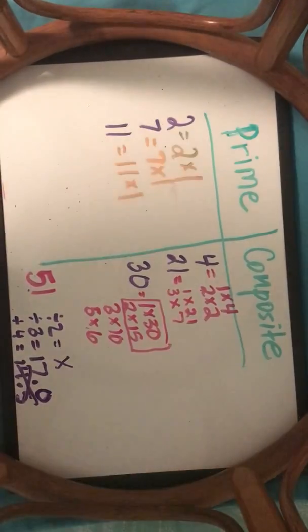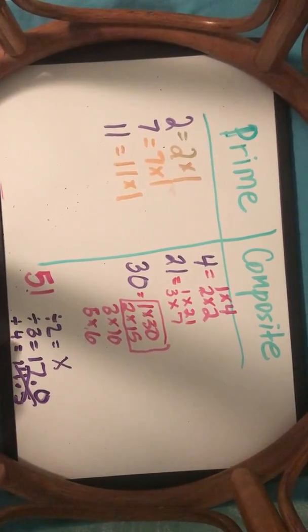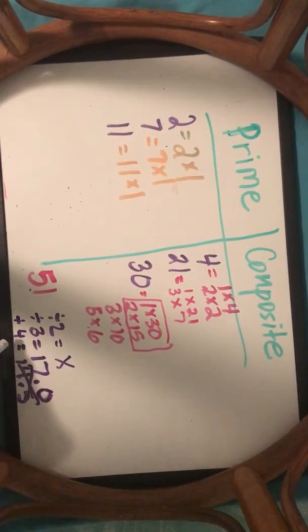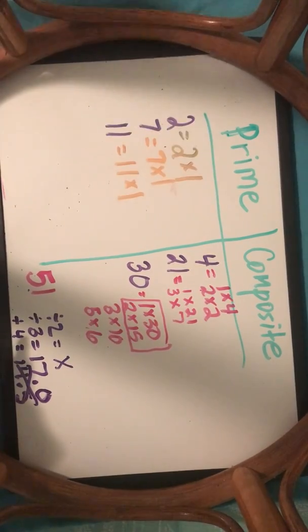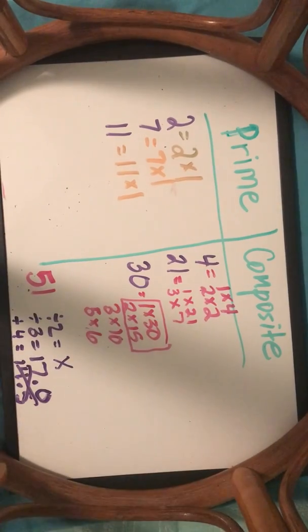That's still a whole number. But if there's a decimal point and another digit, no, that's not a whole number. So go through divided by 4, divided by 5, divided by 6, divided by 7, divided by 8, divided by 9. If any of those gives you a whole number for an answer, then your number is composite.